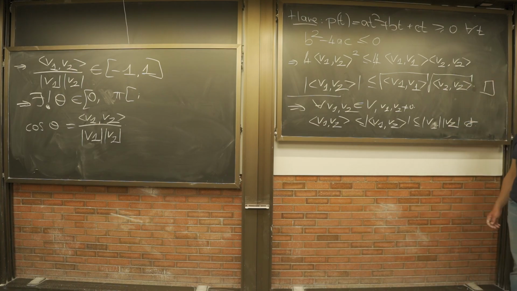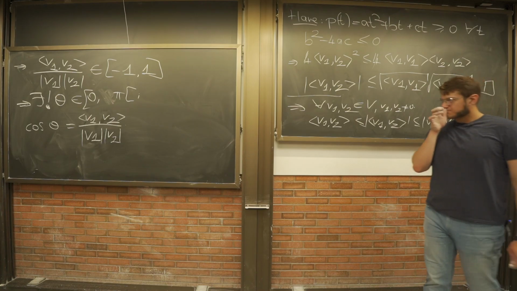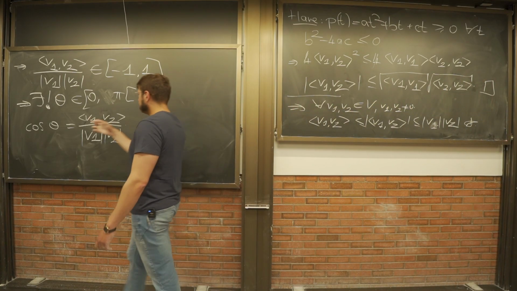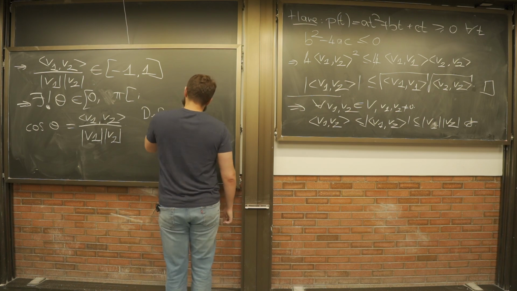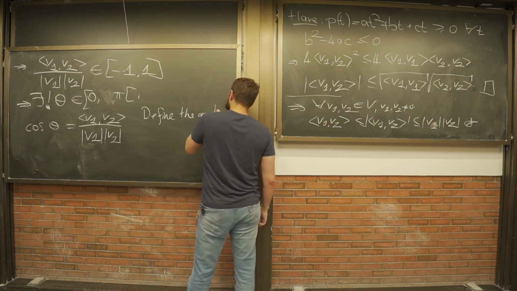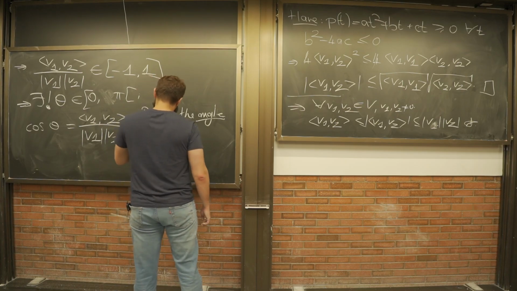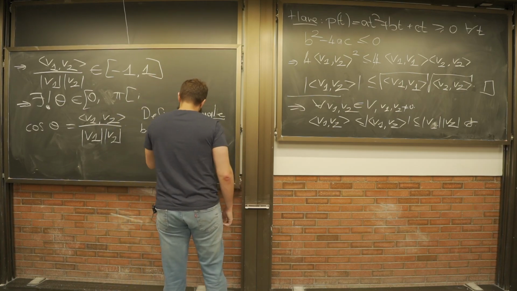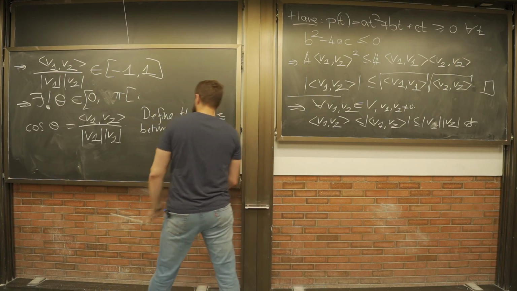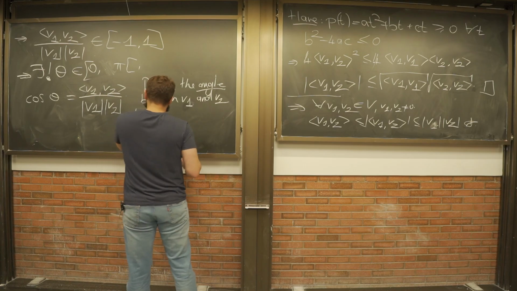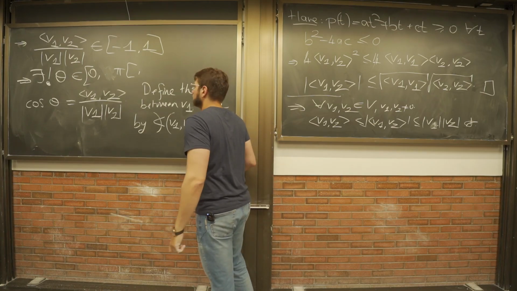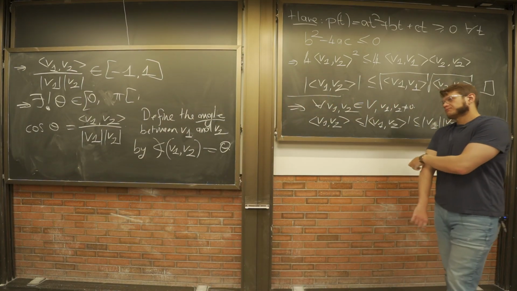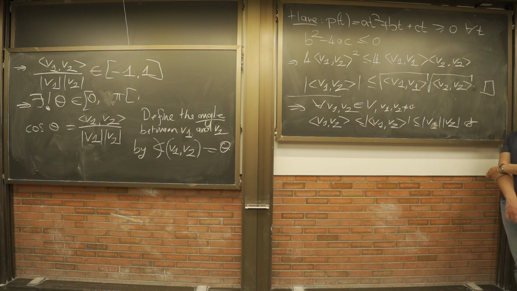Otherwise, there will be two numbers. But then if that is the case, I can just define this theta to be the angle between v1 and v2. So that's how we define the angle.